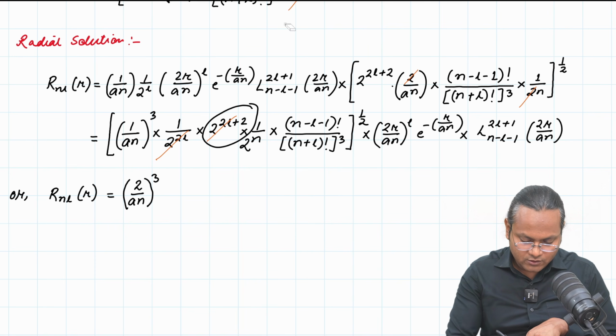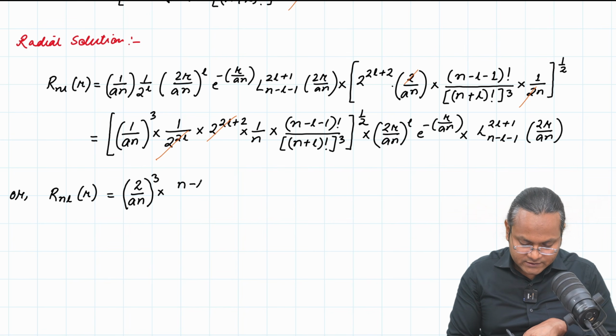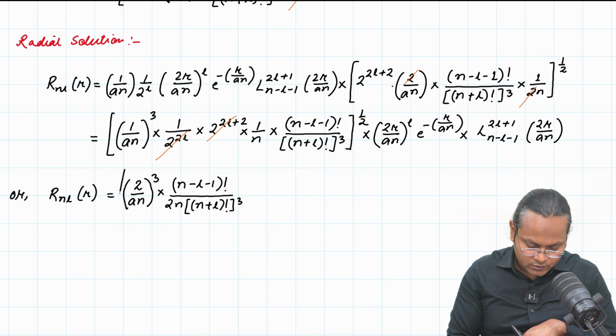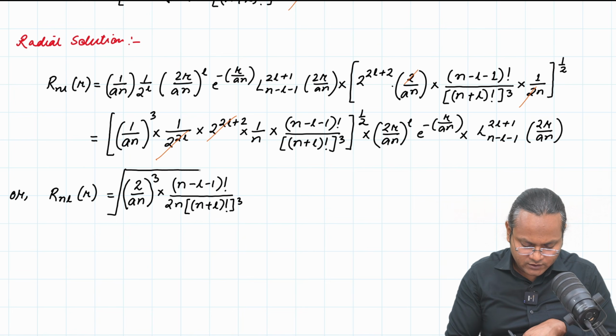All right, so I'll incorporate a 2 in the denominator, and then I basically have (n minus l minus 1) factorial upon, so I had a 2 here, so therefore it is 2n times (n plus l) factorial cube, and I'll have to put a square root over here.